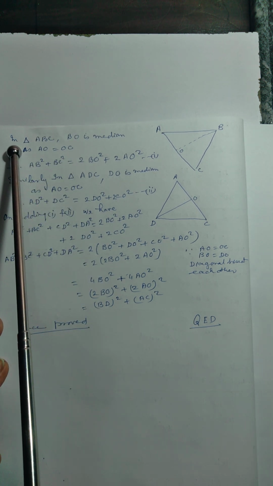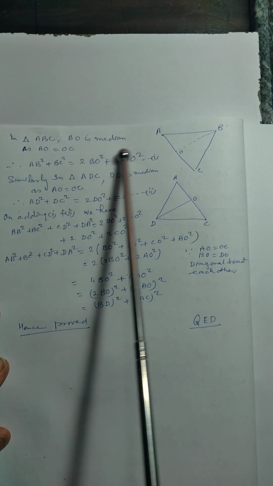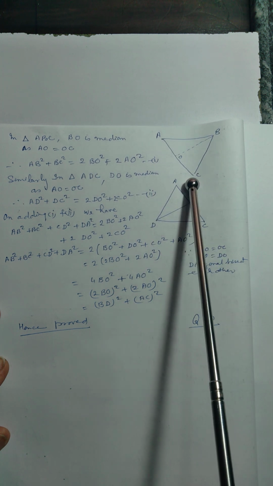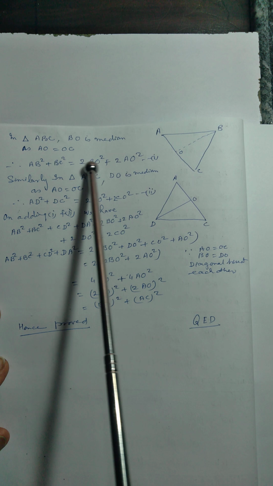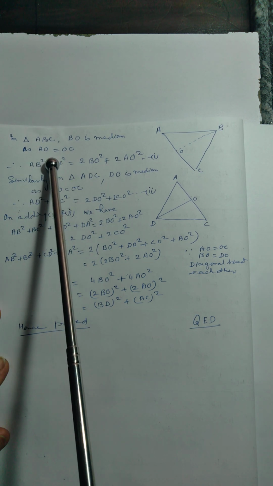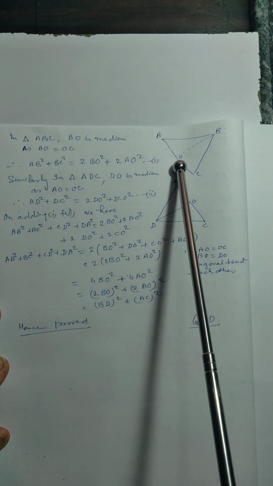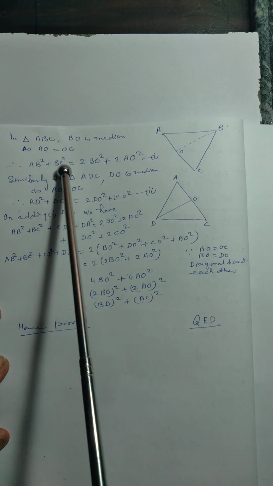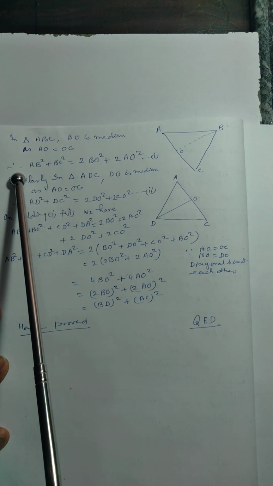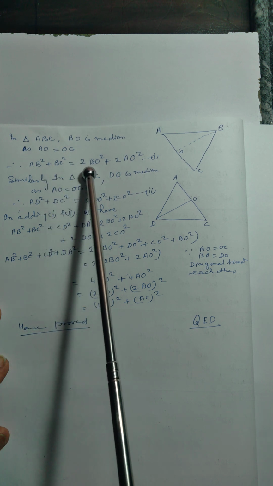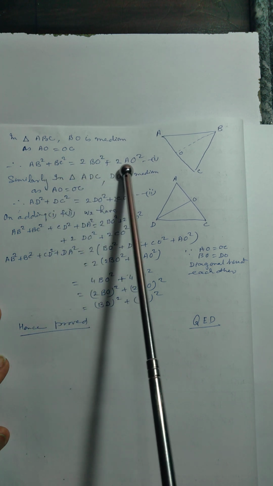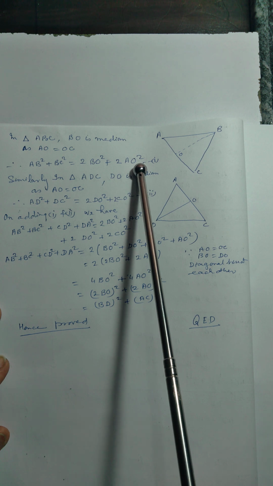You see, in triangle ABC, BO is the median, as AO is equal to OC, means O is the midpoint of AC. So AB square plus BC square is equal to twice BO square plus twice AO square.